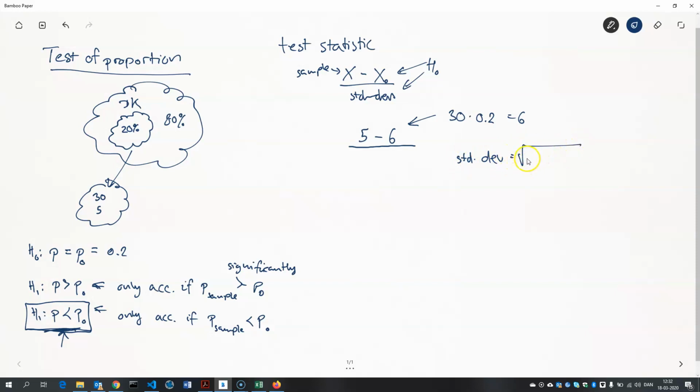It's the square root of the sample size multiplied by the chance of success multiplied by the chance of failure. Or in general, square root of n times p times 1 minus p. So we put that into our test statistic.